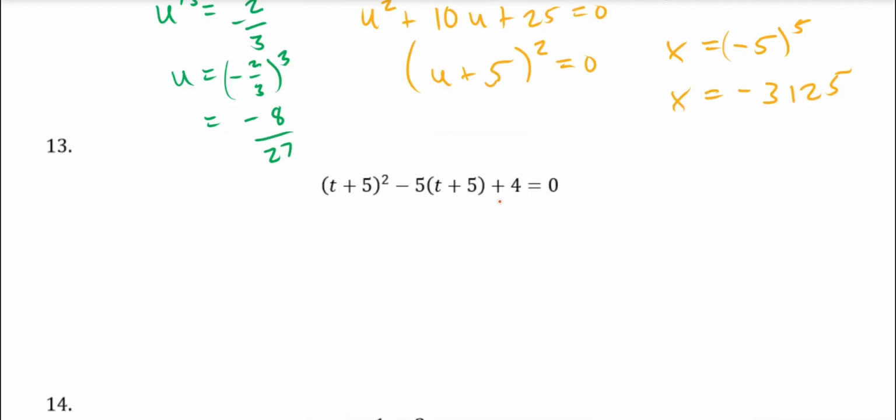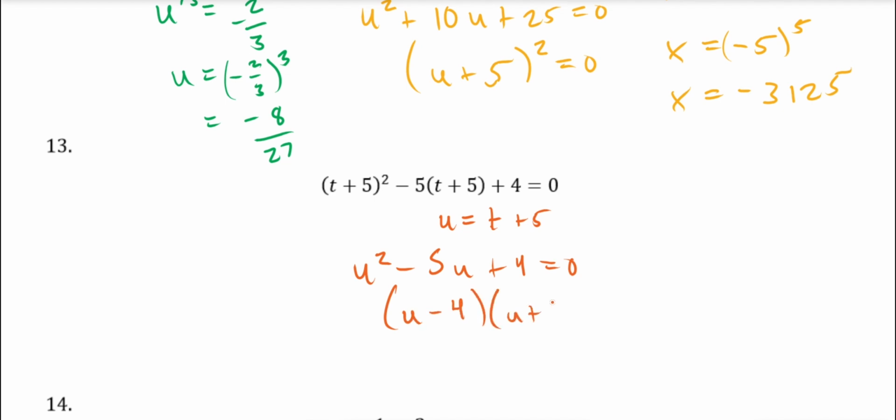So here we have a nice one. This actually could work if we just expand everything and regroup our like terms. But since we already have this factored form, it makes just as much sense to say, hey, let's just let u be equal to t plus 5. If I do that, this says u squared minus 5u plus 4 is equal to 0, which factors as u minus 4 times u plus 1.